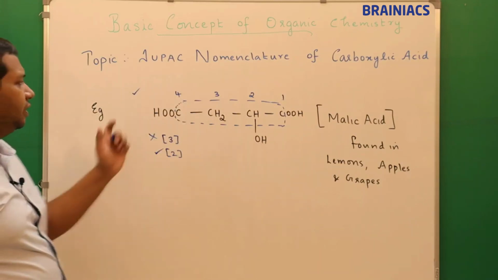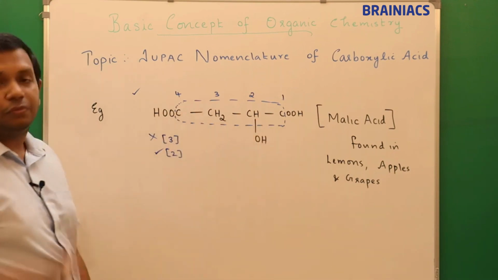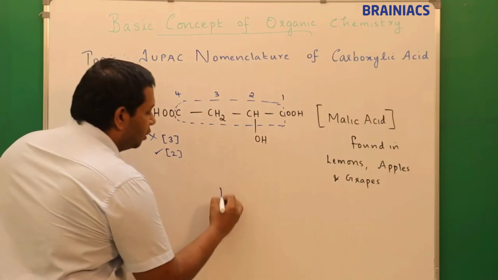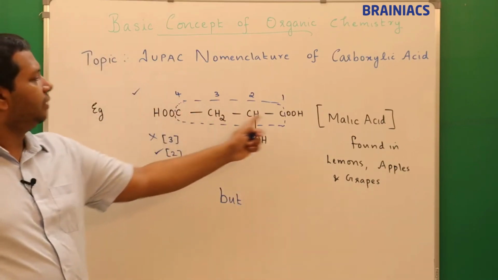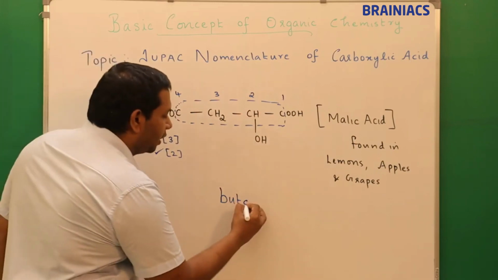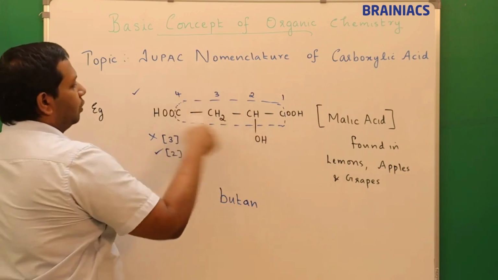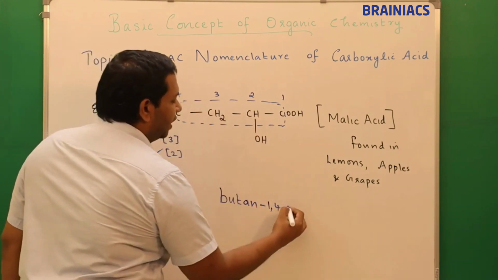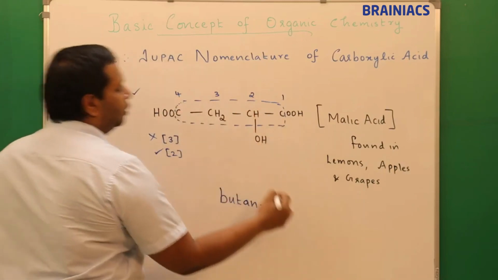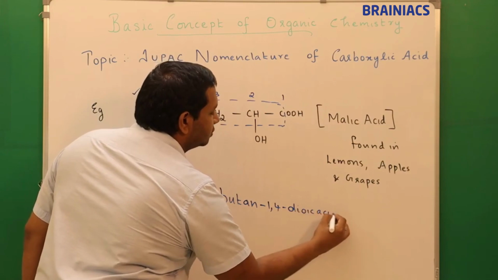Now the next step is naming it. Tell me, the parent chain has how many carbon atoms? 4 carbon atoms, so we use the word root but, and all are linked by single bonds, so I will use butane. Then I know that at 1 and 4 you have carboxy groups. So 1,4, and both are there, so I use the term dioic acid.